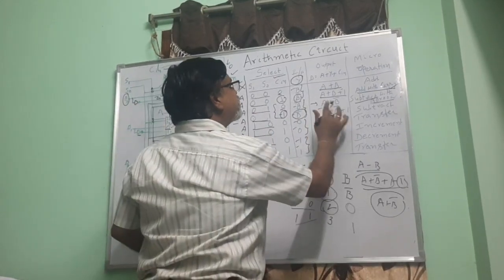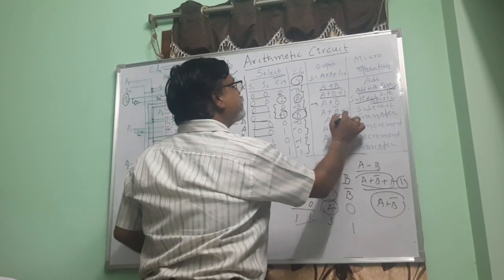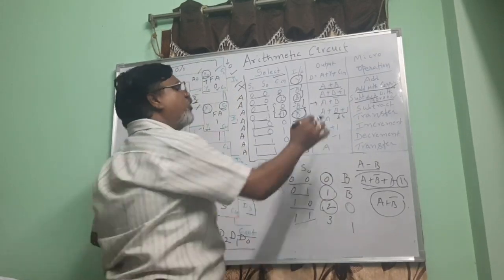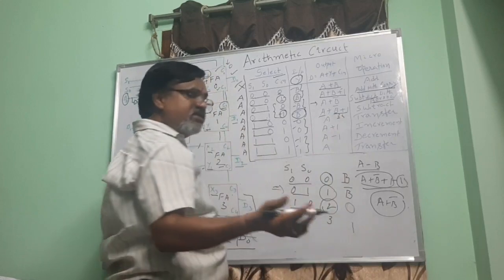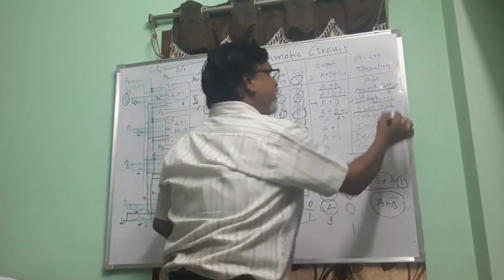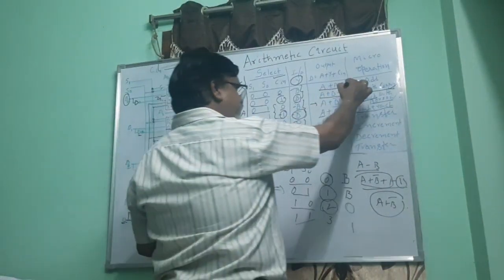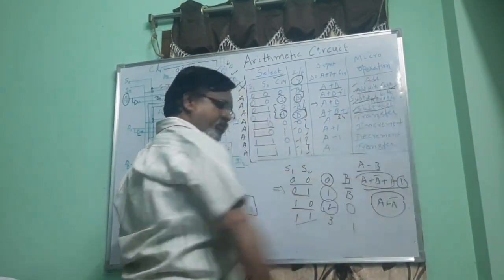So A plus B bar plus 1. What does it mean? It is nothing but the 2's complement of B. So when you are adding a 2's complement of one input to the other input, it is nothing but the subtract operation. So now we have performed addition with carry, subtract with borrow and subtract operation.